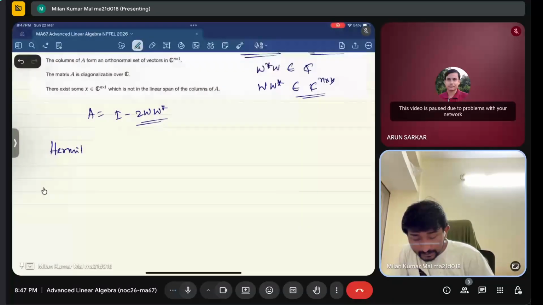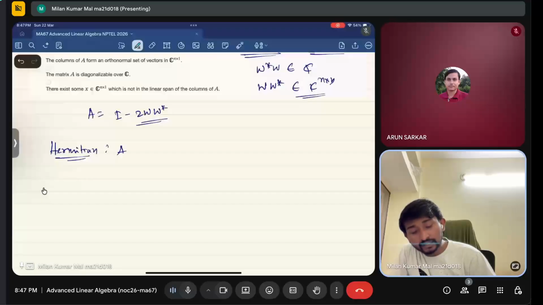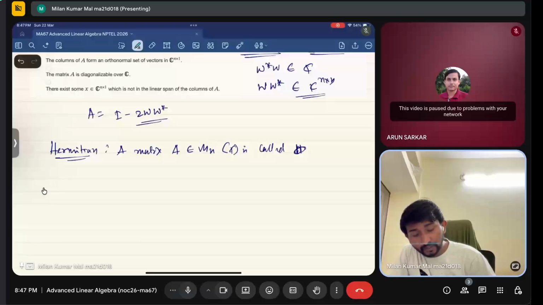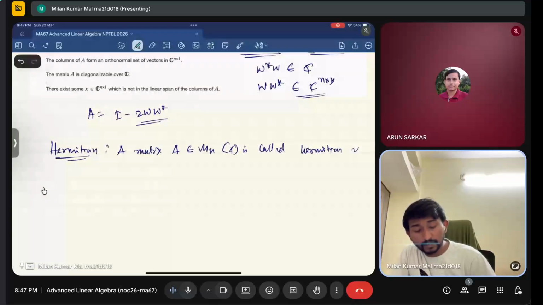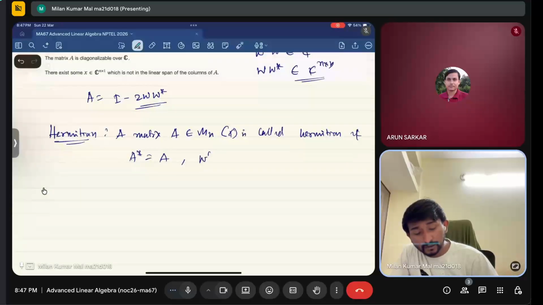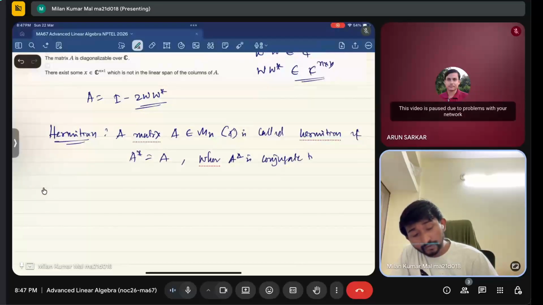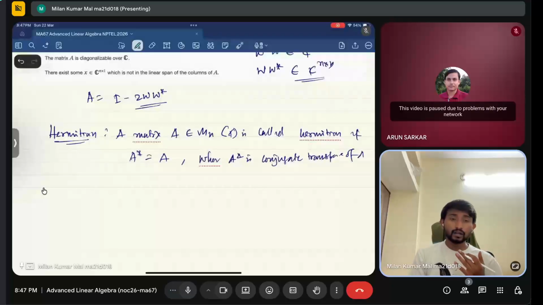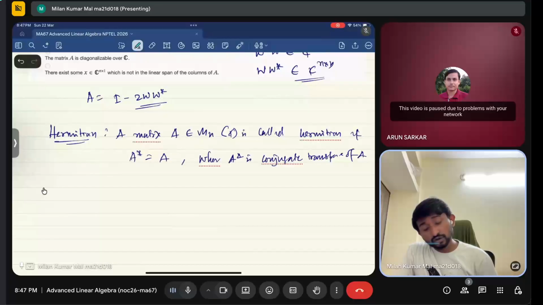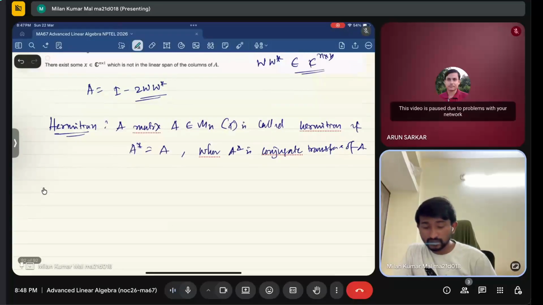A matrix A in M_n(C) is called Hermitian if A star equals A, or called self-adjoint, where A star is the conjugate transpose of A. That means we have to take the conjugate of every element of A and take its transpose, or you have to take the transpose and then conjugate every element. So this is called self-adjoint also.